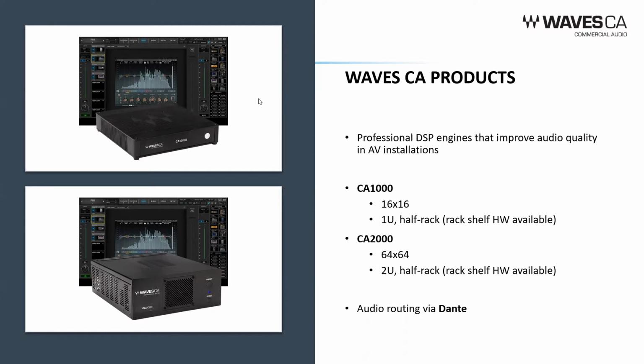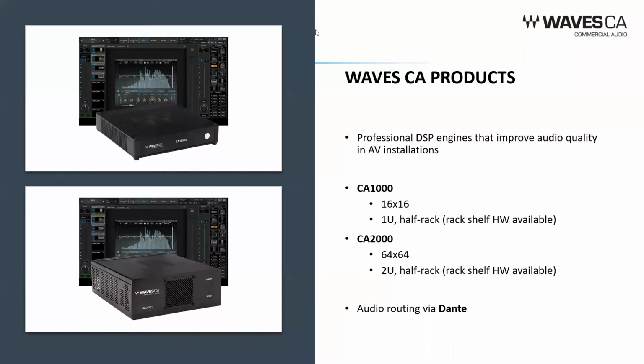I'd like to point out that the CA1000 is a 1U half rack mount system. The CA2000 is a 2U half rack mount system. Both of those have shelf rack hardware available so that you can mount one or two devices in the same rack shelf space.